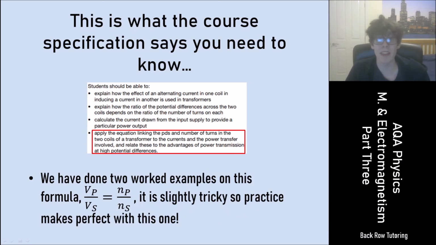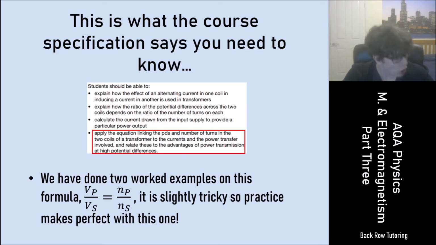And we need to apply the equation linking the potential difference and number of turns in the two coils of a transformer to the currents and the power transfer involved, and relate these to the advantages of power transmission at high potential differences. Now, we've done 2 worked examples on this formula. It is slightly tricky, so practice makes perfect with this one, alright? And as I say, this part of the magnetism and electromagnetism topic is tough, I understand that.